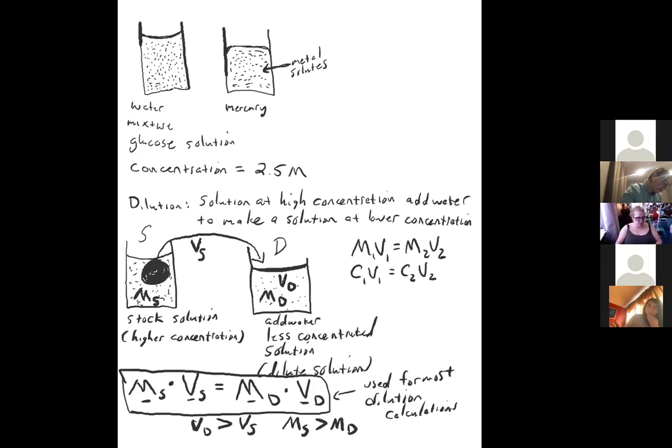So let's take a look at a calculation. And I'm going to write this up here again: Ms times Vs equals Md times Vd. Okay. So here's an example.